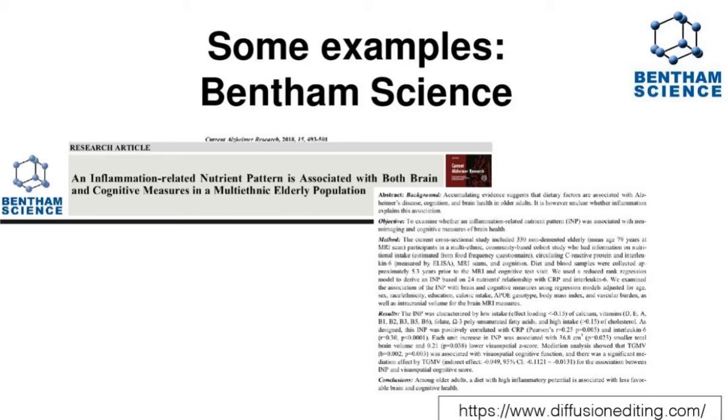What's the message of your work? What is it that you want people to get out of reading your work? In this case, the message is that an inflammation-related nutrient pattern is associated with brain and cognitive measures in a multi-ethnic elderly population. The message is often the title.